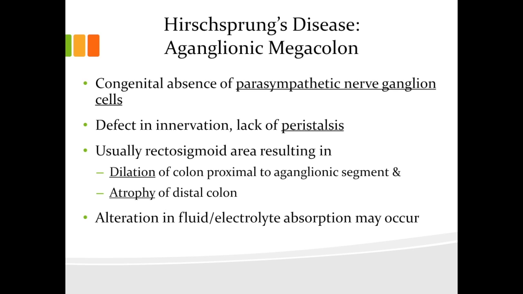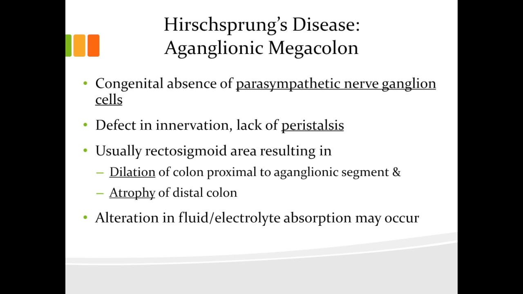The defect is usually very close to the rectosigmoid junction, and so proximal to where the nerve is missing, there is dilation of the colon. The longer it goes on, the larger the colon.